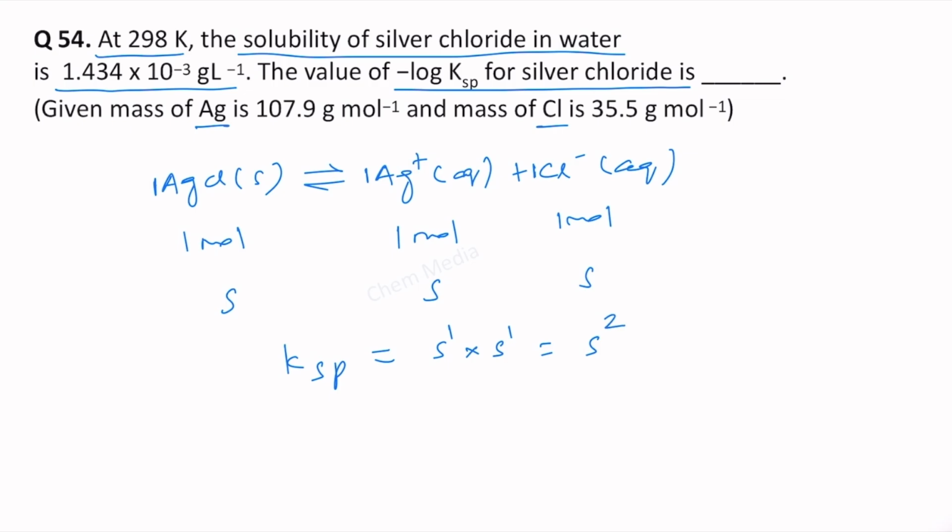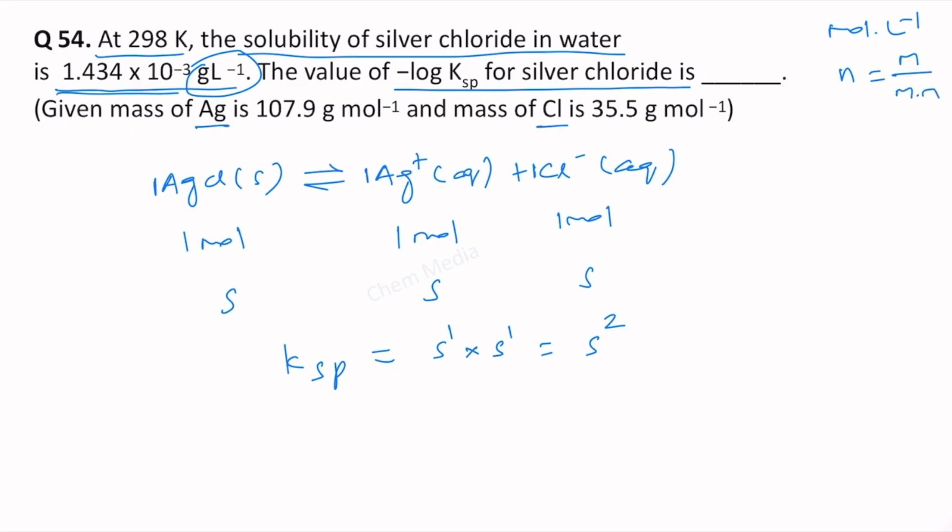Now, in the question, the solubility is given, but for molar solubility, the unit is mole per liter. So, how to convert gram per liter to mole per liter? We know that number of moles is equal to mass divided by molar mass.